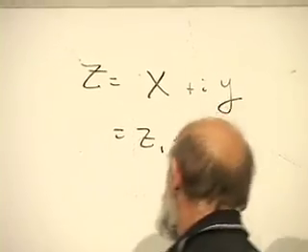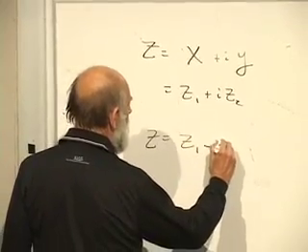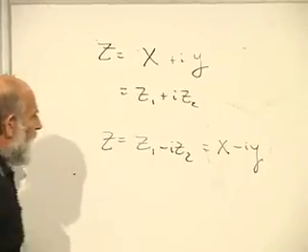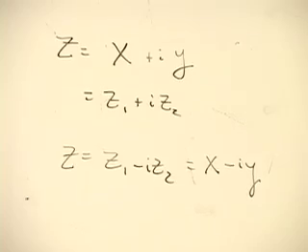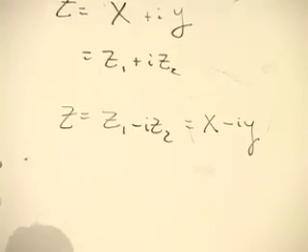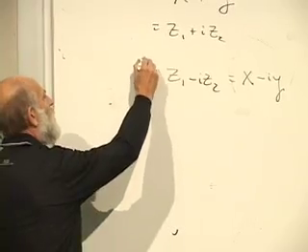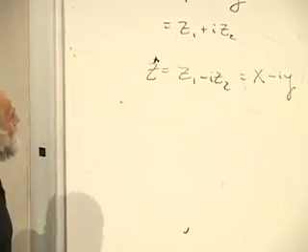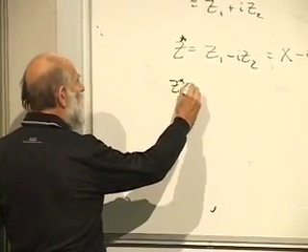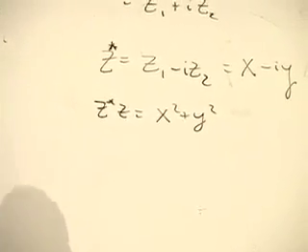The complex conjugate of z is equal to z1 minus i z2, or x minus iy. Let me just write down some simple facts about complex numbers to remind you. Z star z is just x squared plus y squared, or z1 squared plus z2 squared.